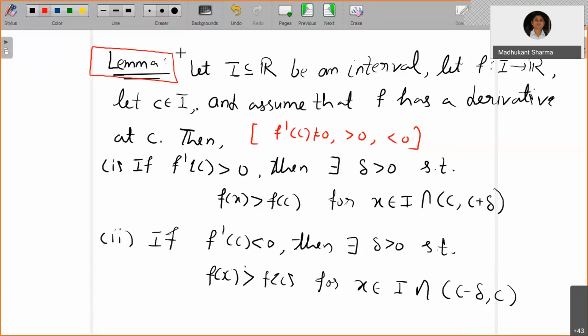Like we have already looked at the intermediate value theorem for continuous functions: if you take any value k between f of a and f of b, you will always be able to identify a point c on the interval ab such that f of c is equal to k. Similarly, the property for the derivative also exists, and that we are going to take here.